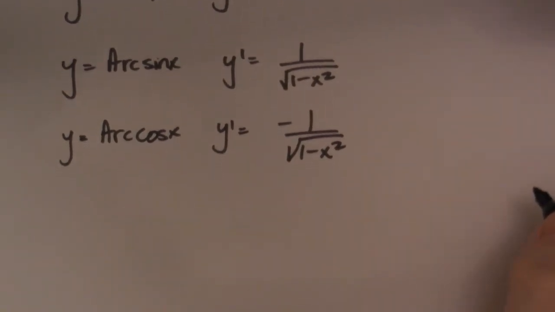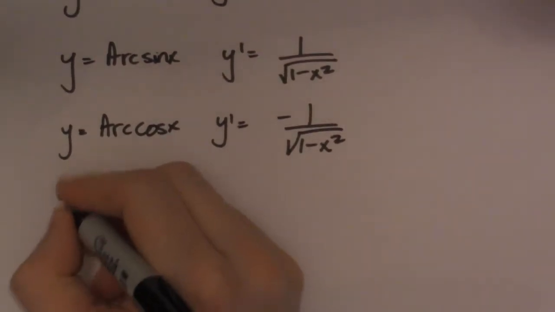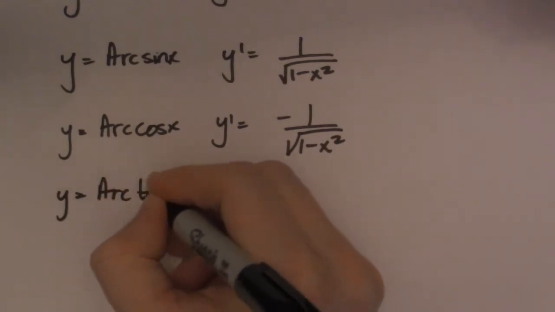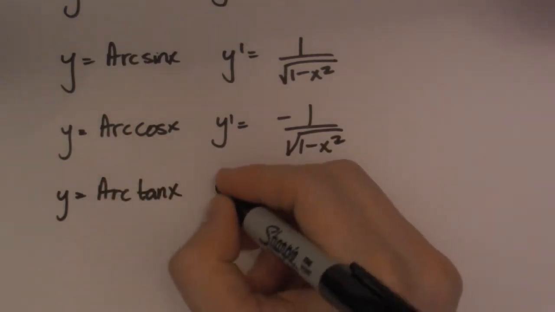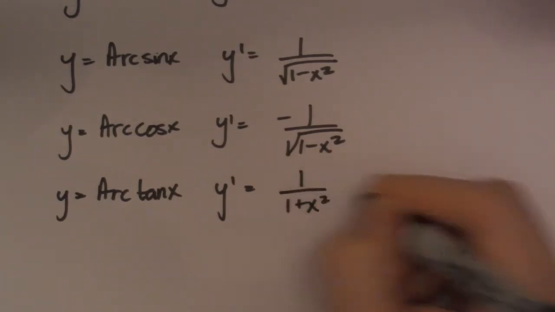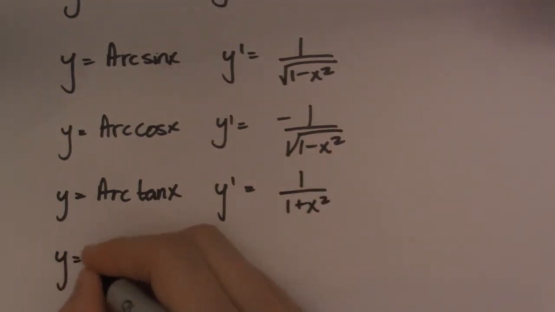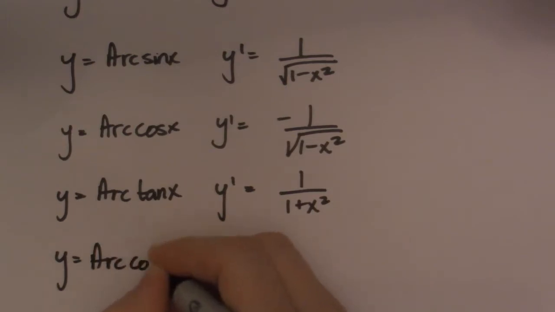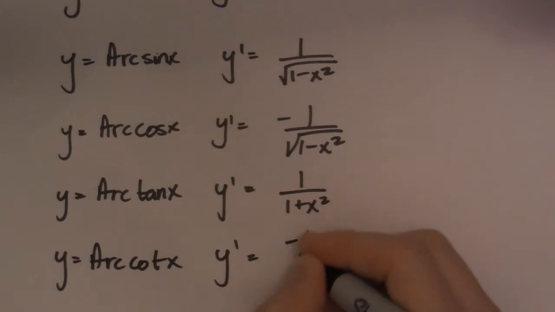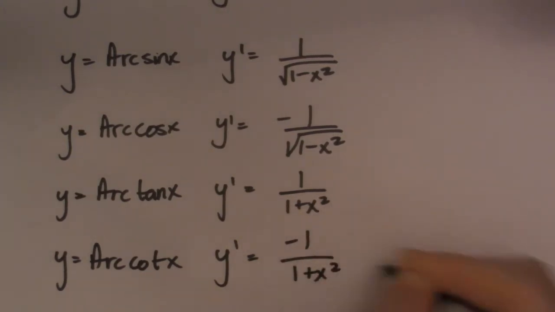The derivative of arc tan of x is y prime equal to 1 over 1 plus x squared. The derivative of arc cotan of x is y prime equal to negative 1 over 1 plus x squared. So there are the four main derivatives that you guys need to know.